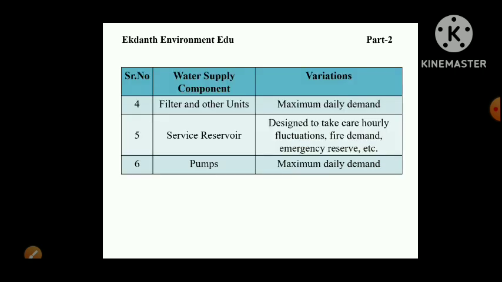Next, filter and the other units work on the maximum daily demand. The fifth one is your service reservoir, from where water goes to the distribution pipelines. Your service reservoir is also designed to take care of hourly fluctuation, fire demand, emergency reserves, and all of them. And the last one is your pumps. Pumps will work as per the maximum daily demand.